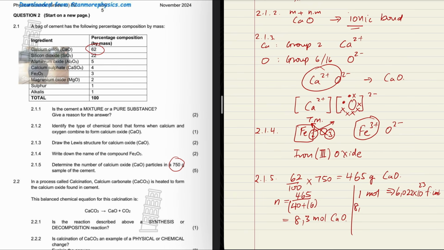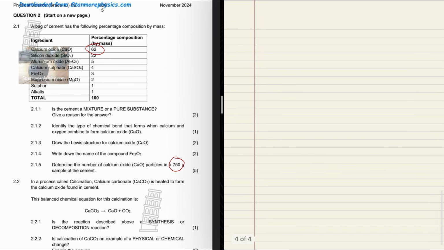So if we have 8,3 moles, that means we're going to have 8,3 times 6,02 times 10 to the 23 formula units of CaO. Now this simplifies, let me move on to the next page. So that simplifies to 5,0 times 10 to the 24 formula units of CaO.